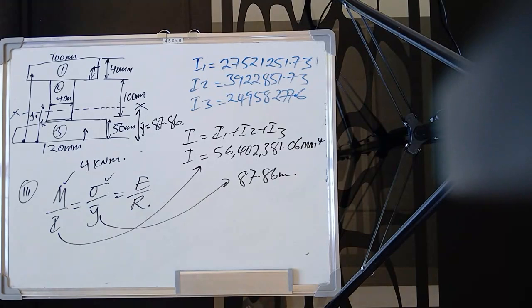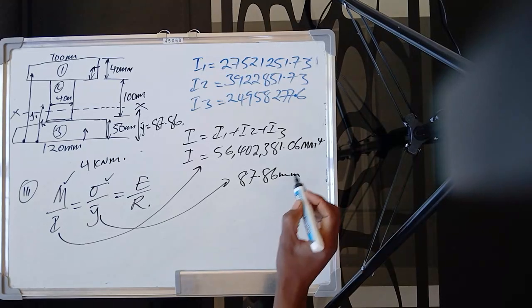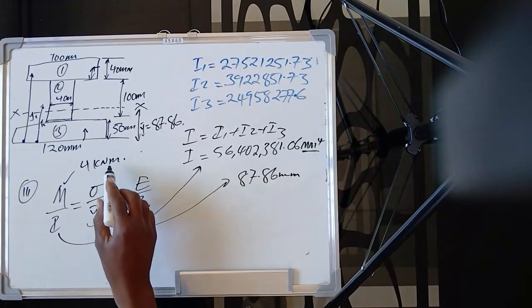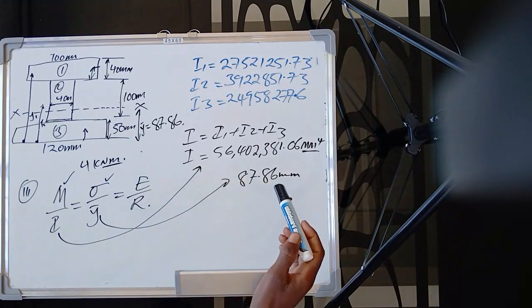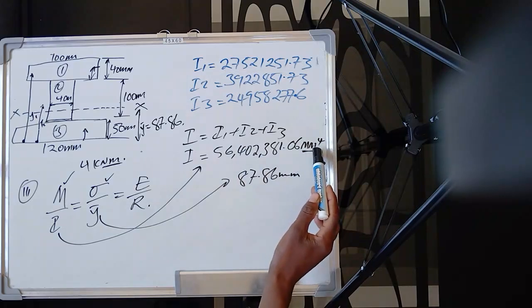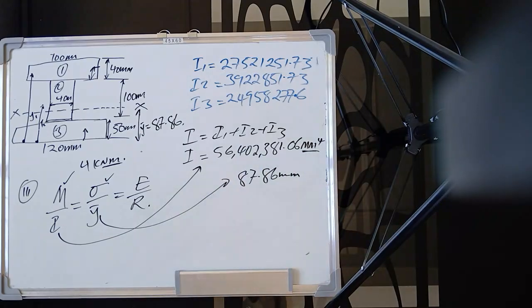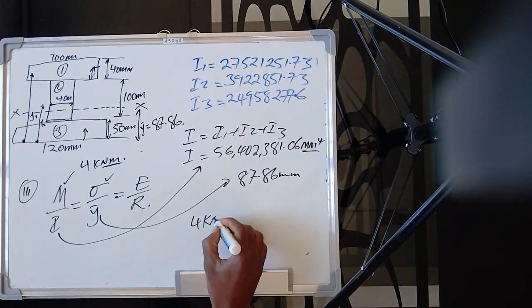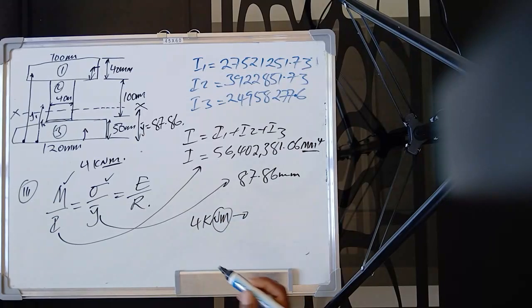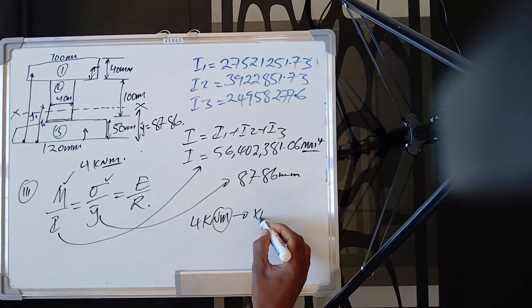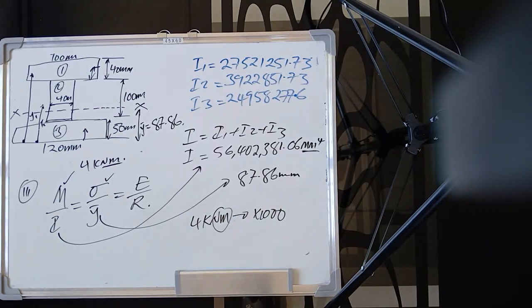Something very important that you have to notice is these units are in millimeters, and this one is also in millimeters, but this one is in meters. So it is very easy to convert this one to millimeters rather than converting this one to meters. So we have 4 kilonewton meter, which we have to convert to millimeters. To convert to millimeters, we just multiply by 1,000. That should be very easy.